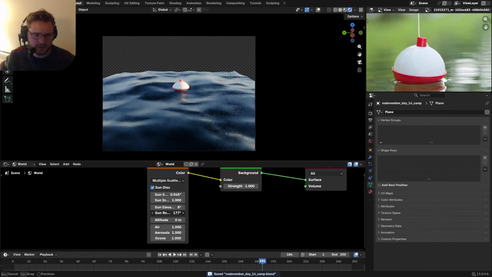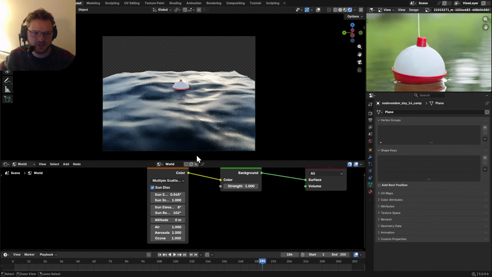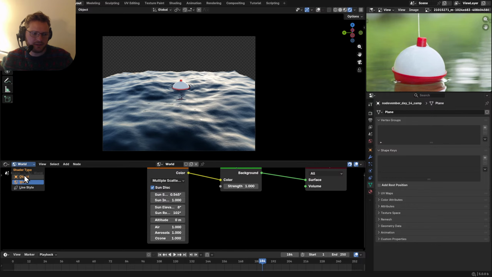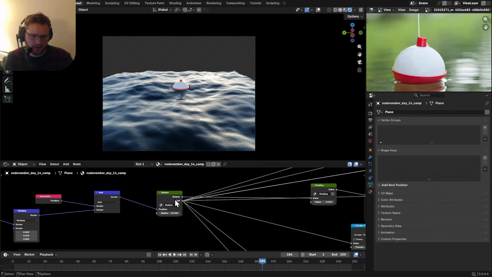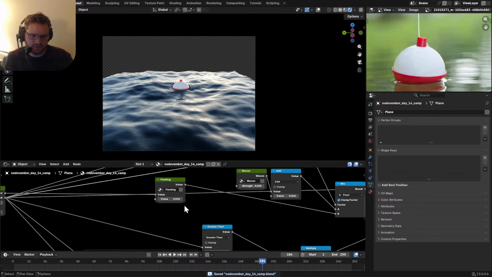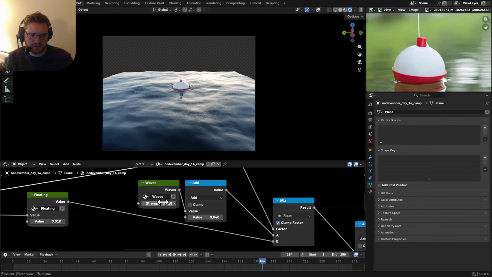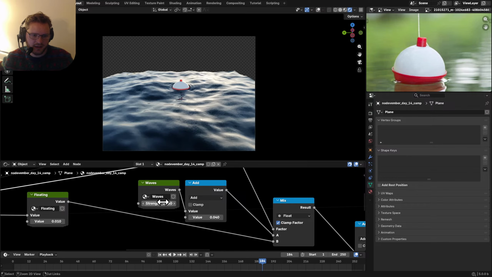Okay, what else? I think it's just inherently going to look weird in that it's not above the water, but that's fine with me. We can always make the water calmer because we made parameters for that. So I could just go like this, and now it's super calm water. And that, in fact, might be one of the things holding it back.